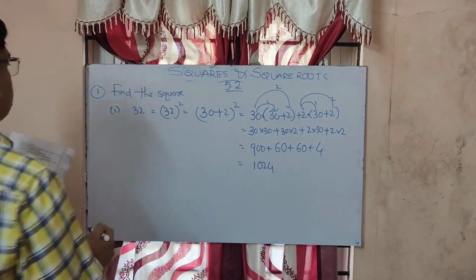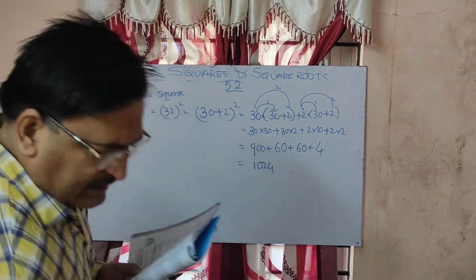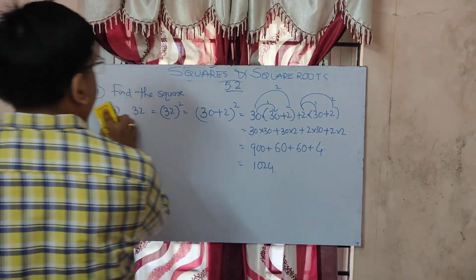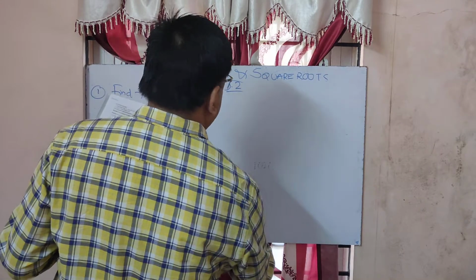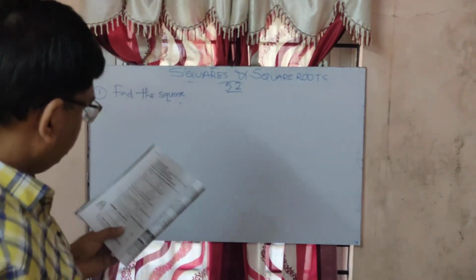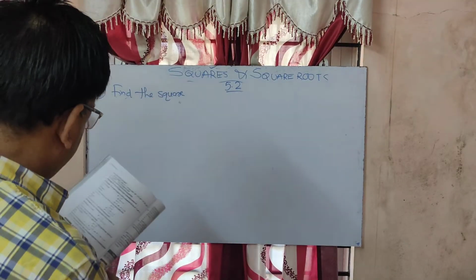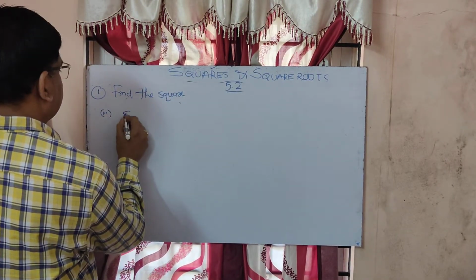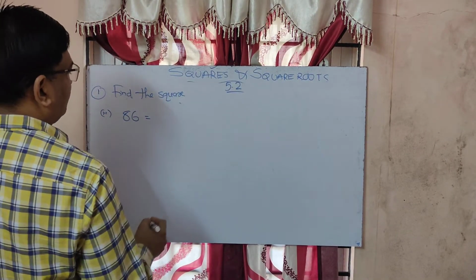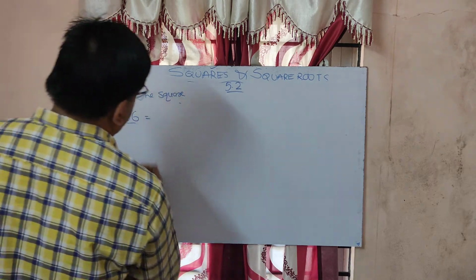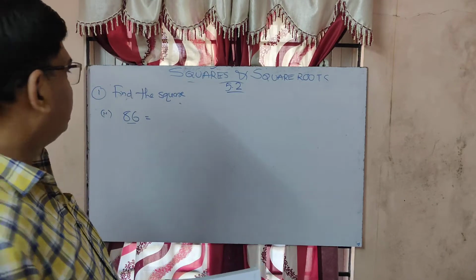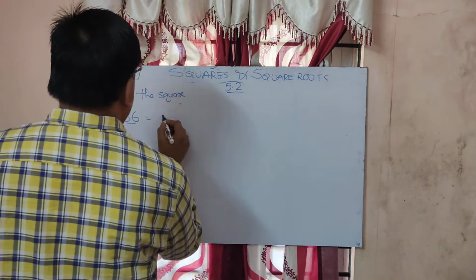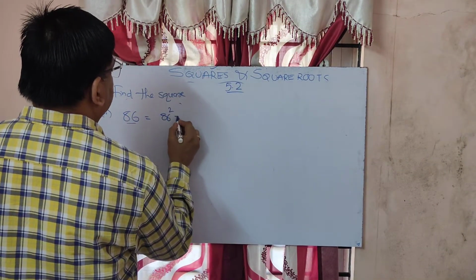The next one is... Second one you try it. I am going to do the third one, that is 86. Looking at this number, you can write 86 square first of all.